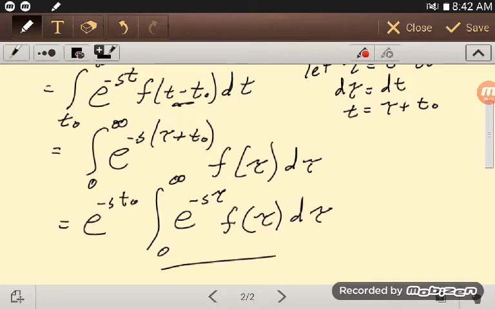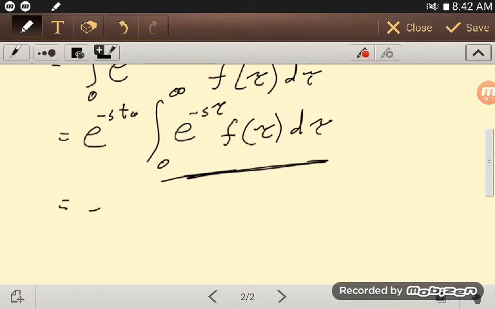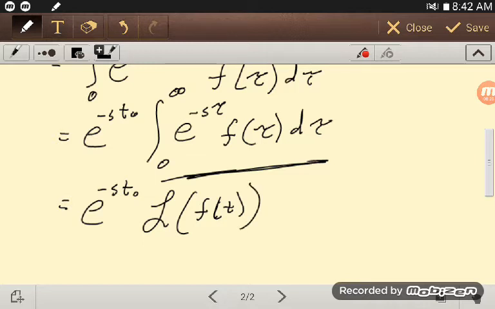Oh, but hey, that's just the Laplace transform of f. So this is e to the minus s t0 times the Laplace transform of f. And I'll put it back at t now. Like that. Or we can write it as e to the minus s t0 F of s. Okay, so that's where our formula comes from.